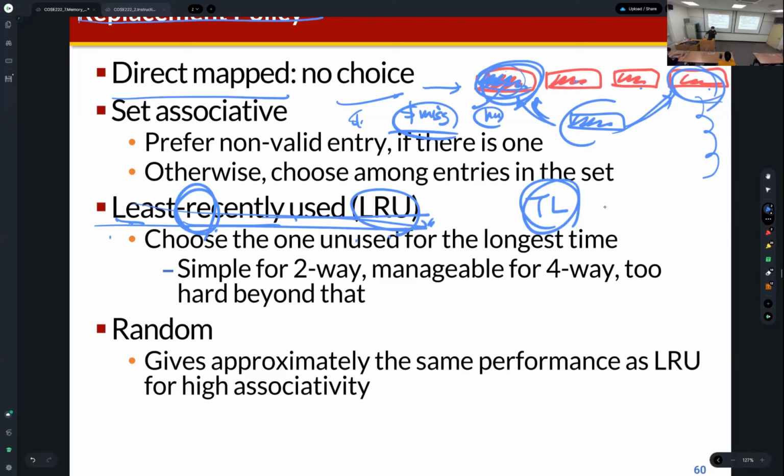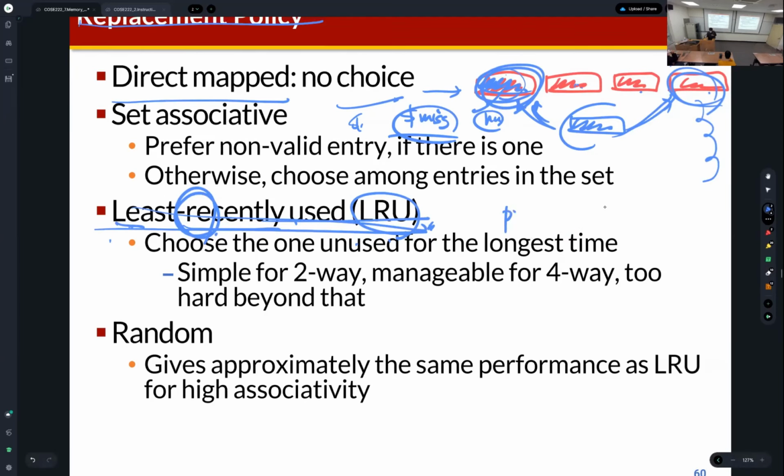So if we use the set associative cache, then the cache needs to know the order of accesses, meaning each block is recently used or not recently used. So the cache needs to decide the priority of replacement.